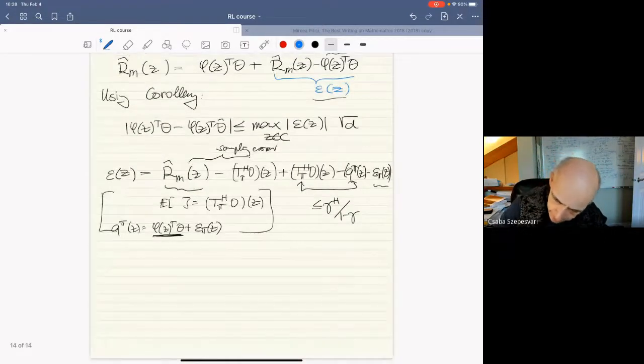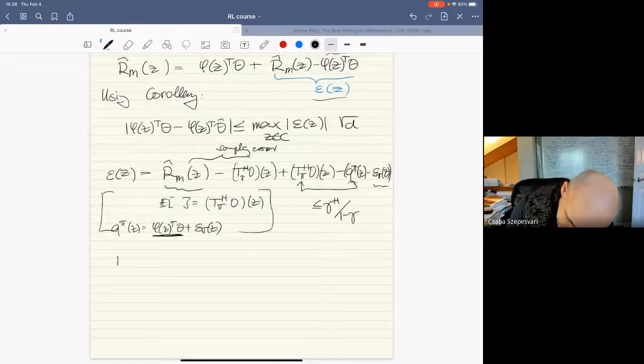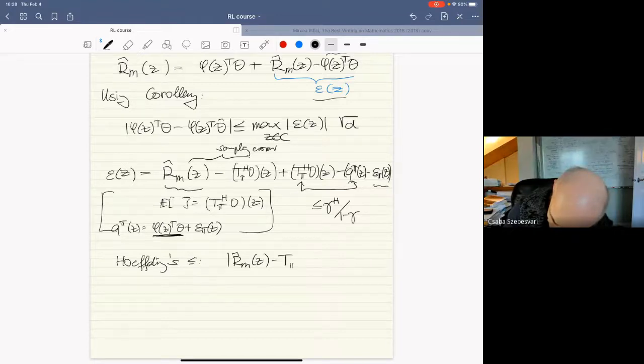So Hoeffding's inequality is going to say that R hat of M z minus T of pi H 0 z, which is its expected value, is, with probability 1 minus delta.